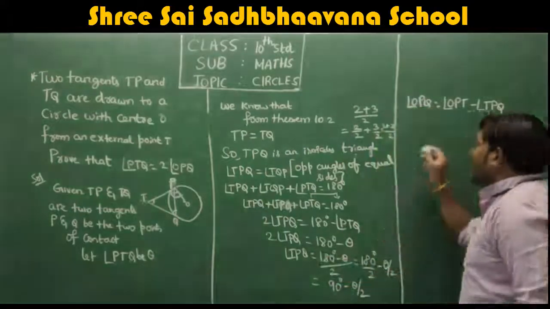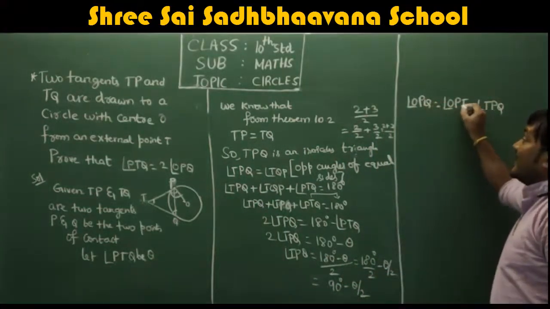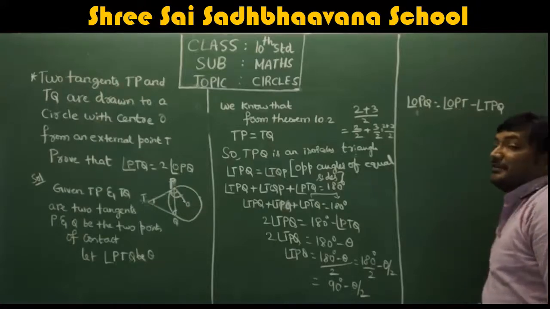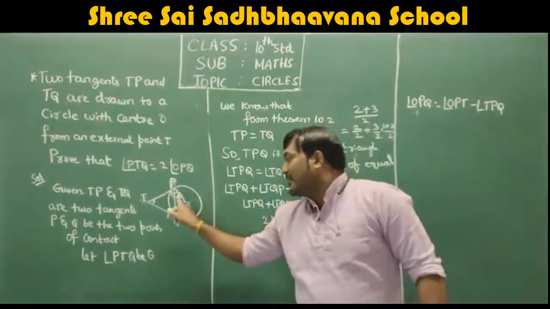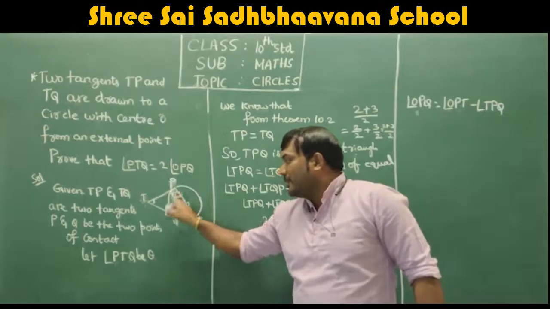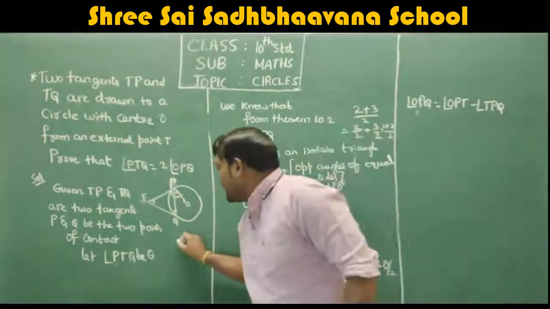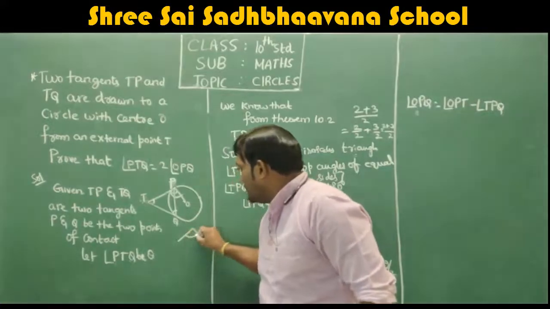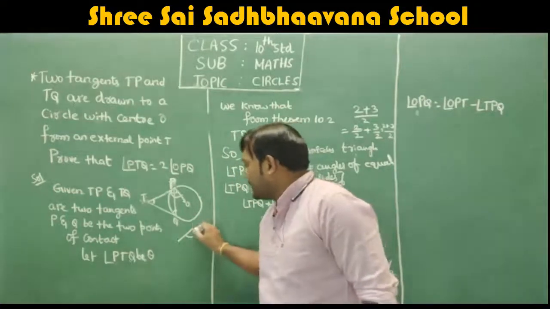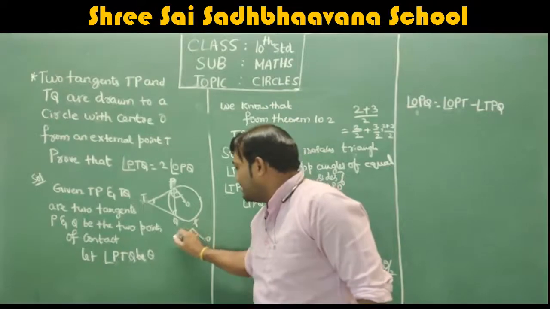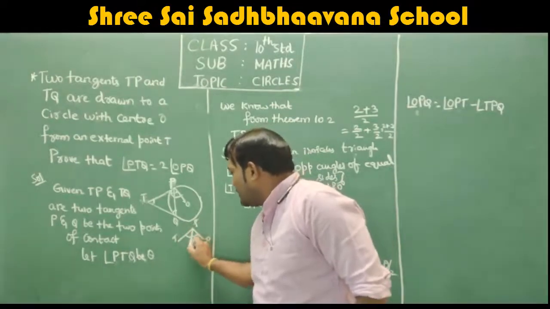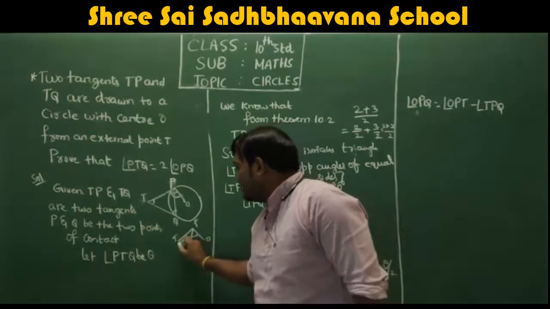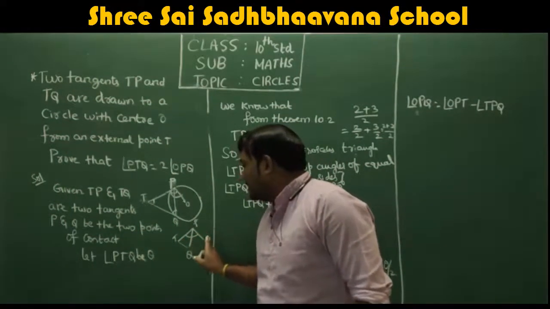So angle OPQ can be written as angle OPT minus TPQ. It means this whole angle minus this angle. You want me to write separately and show? I can show you here. This will be your OPT, correct? So your PQ will be like this. See here, you can observe this separately.